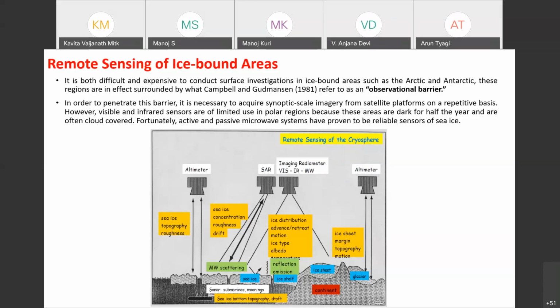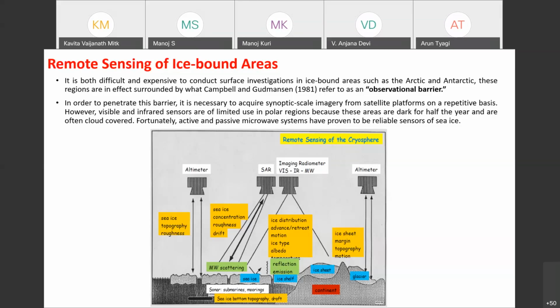So visible and infrared, or optical sensors, are not very effective for long-term monitoring and operational purposes. So that's why we usually have active and passive microwave systems, which are proven to be reliable for sea ice monitoring.